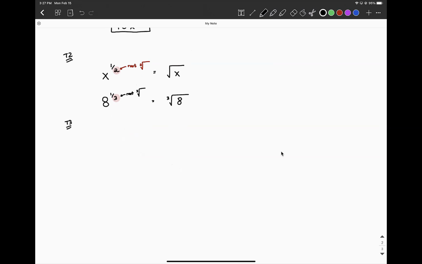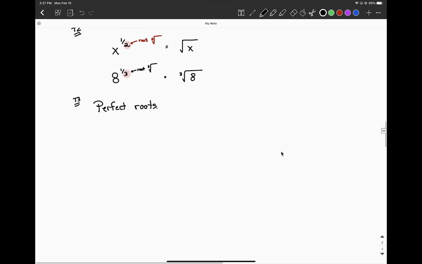Now, for the most part in this topic, we give you perfect roots. Where the idea comes from: if I drew a square, and this square had an area of 100 square centimeters, how big is the side?